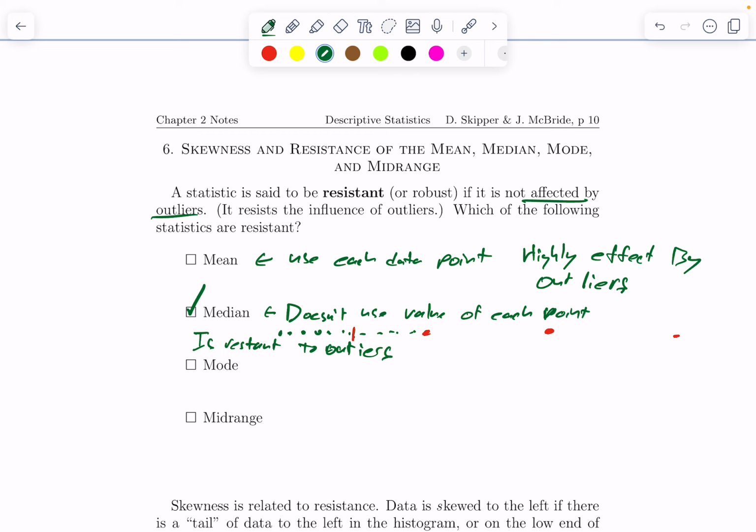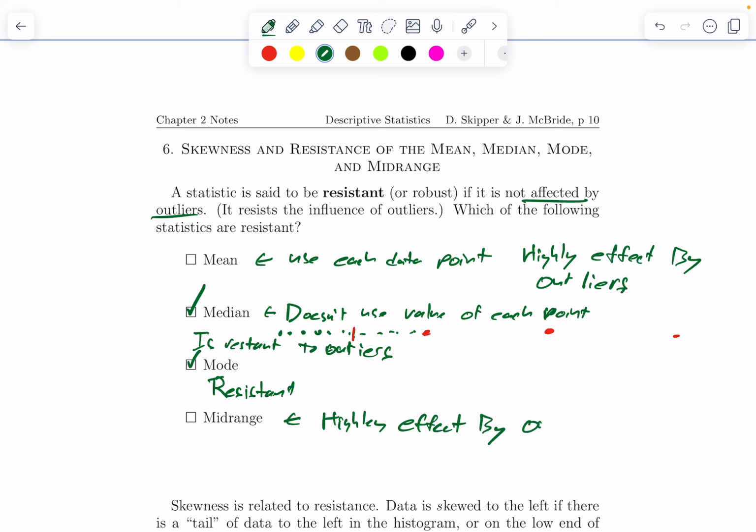Okay, the mode is also resistant because the outliers are hardly ever going to be the most common data point. And then the mid-range is definitely not resistant. This one here is also highly affected. And try and think about why that is.